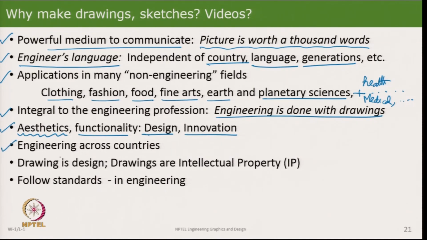Then, as I mentioned, engineering across countries is facilitated by drawings. And one of the most important things here is the next item, that drawing is design, drawing is expression of innovation, and so drawings are intellectual property.